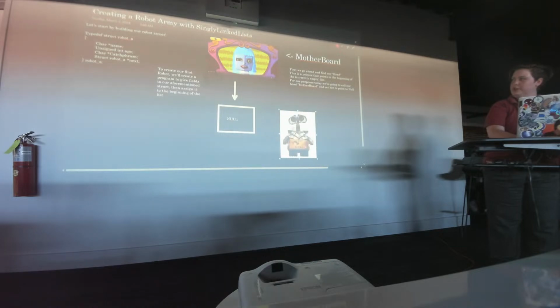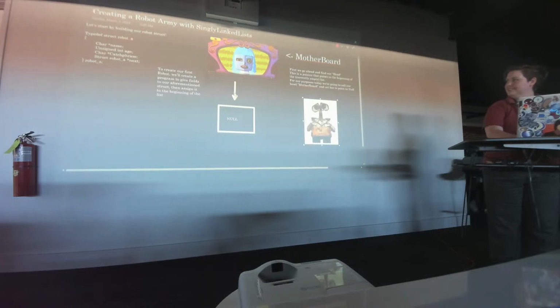All right, so we are going to have Wally point to null, right? Because Wally's going to be the end of the line. Wally now points to null. Make sense?